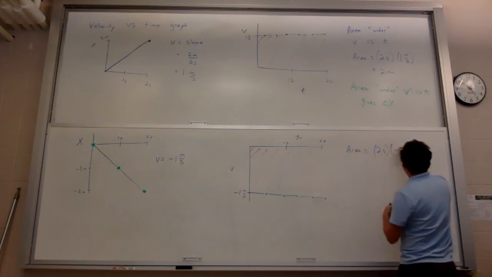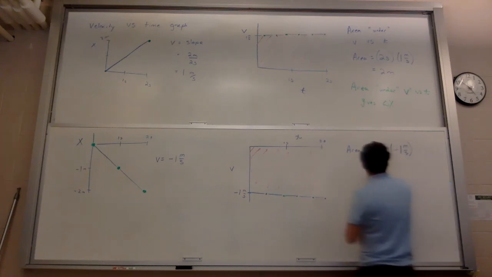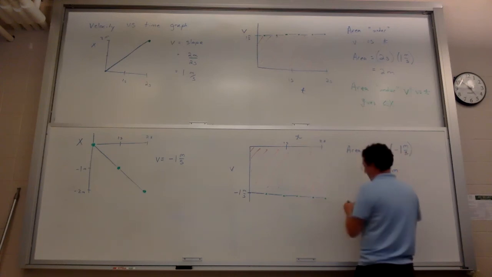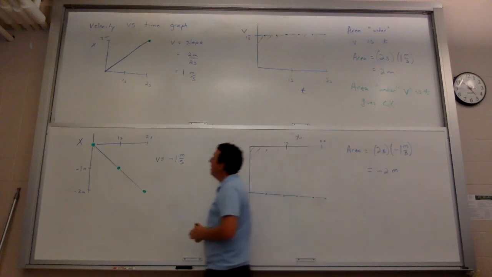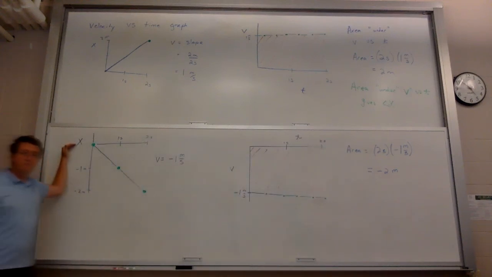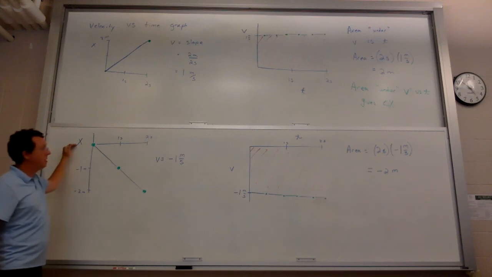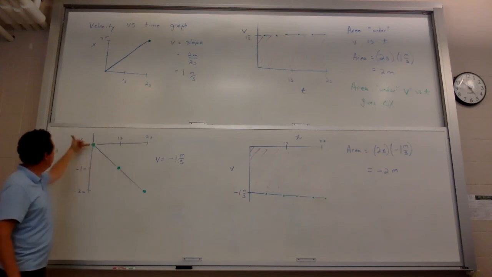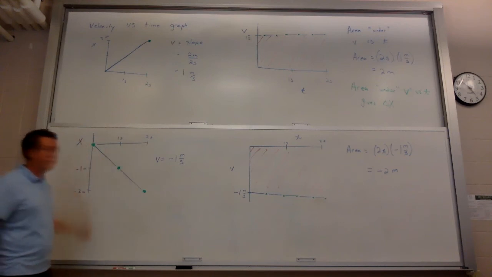Well, the height is -1 meter per second, giving me an area of -2, seconds cancel, and -2 meters. And sure enough, if you go back to our original graph, the change in position over the first 2 seconds is -2 meters.